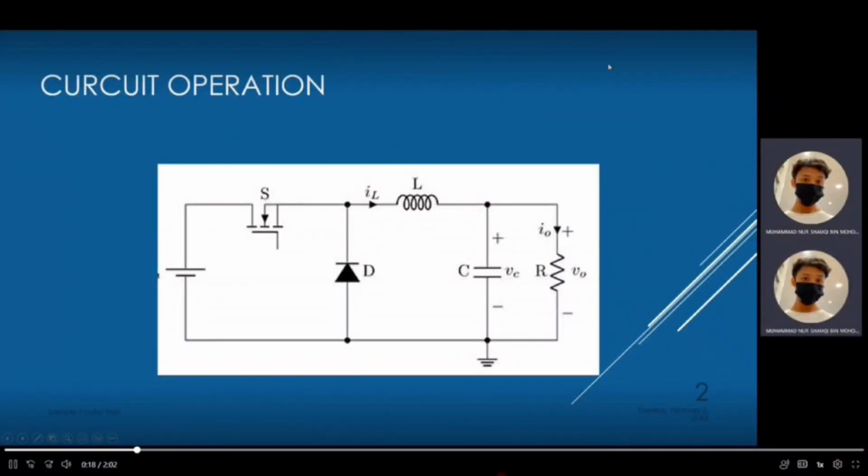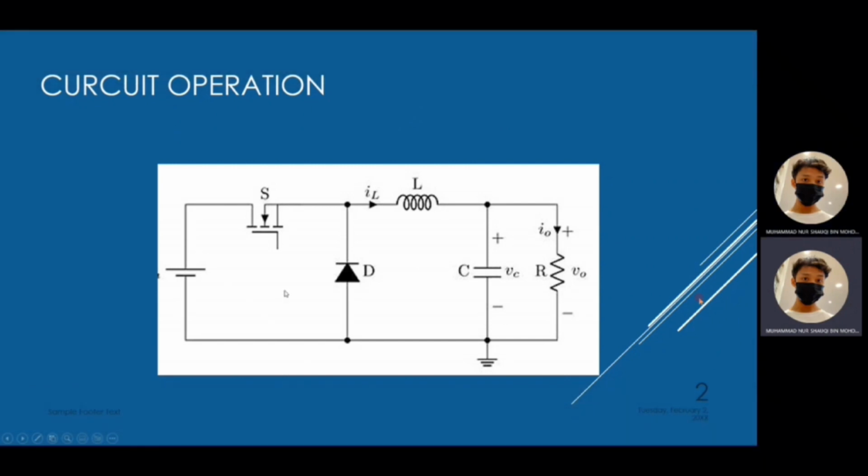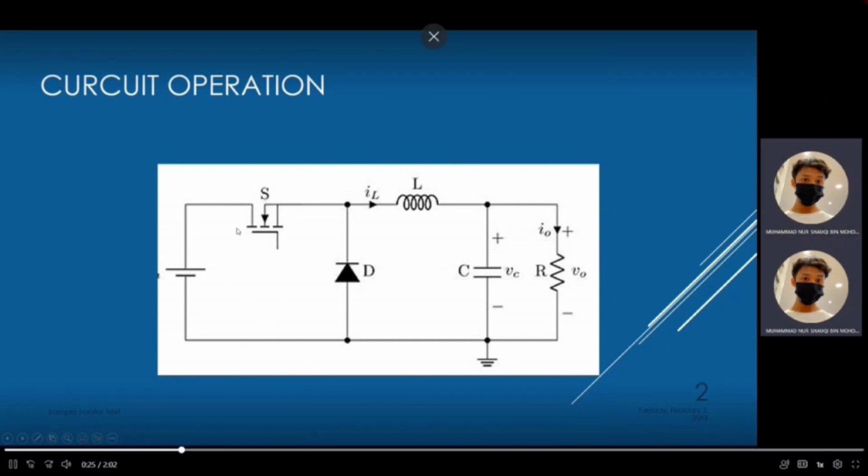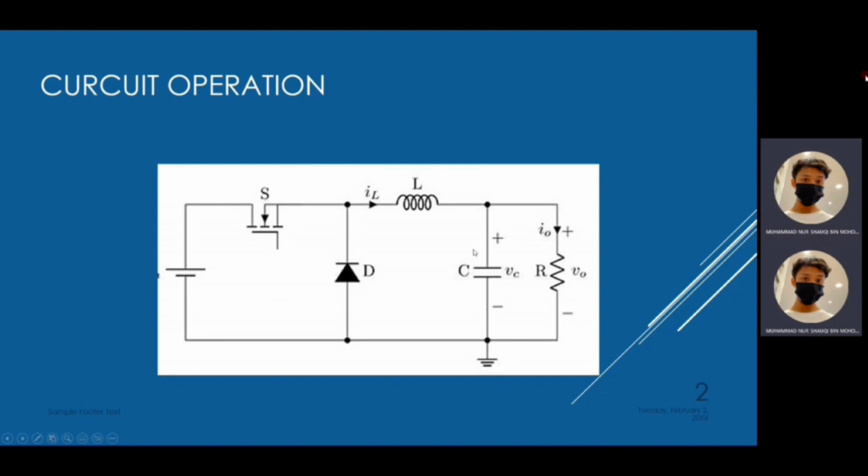Hello everyone, my name is Muhammad Mashaki Mamazaki. I want to present the circuit operation. The MOSFET is a switch, and this is a voltage source, diode, capacitor, resistor and load. When the MOSFET is turned on, the voltage source creates a loop by supplying current to the inductor L1.